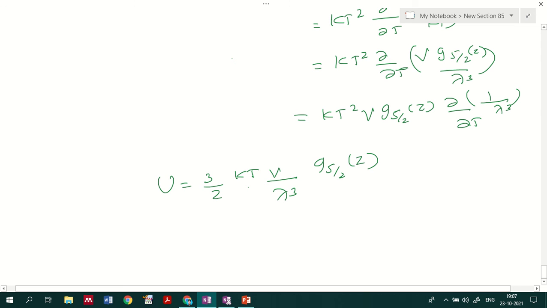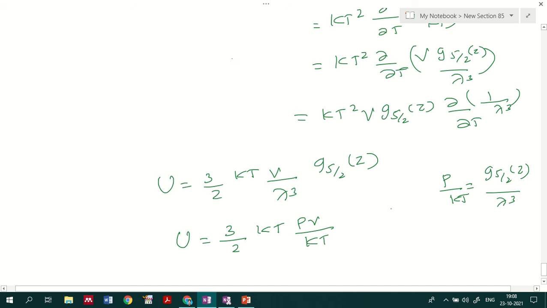So U equals 3 by 2 kT times PV by kT, because g 5 by 2 of z divided by lambda cube represents the pressure, since P by kT equals g 5 by 2 of z divided by lambda cube. This is the representation we will have.